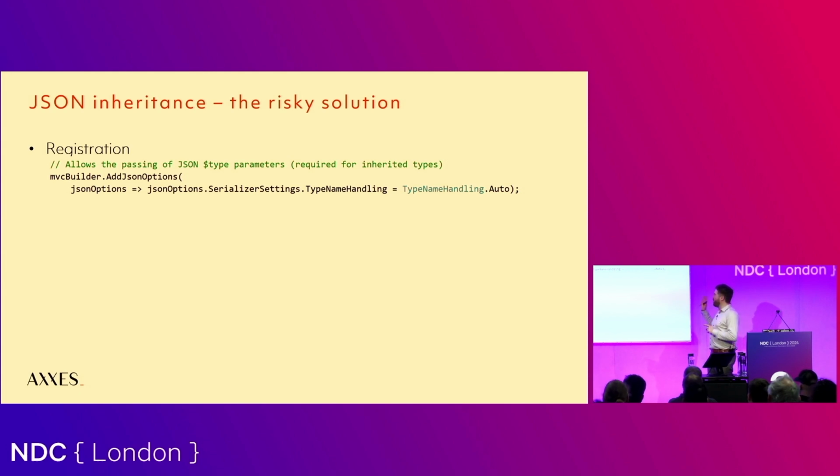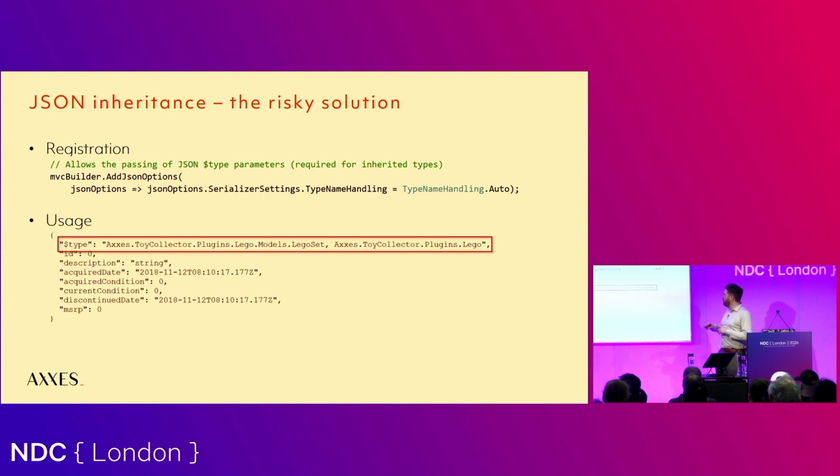So there's a reason that this didn't get ported from Newtonsoft JSON to System.Text.Json, because James Newton-King is working on that. This didn't get ported for a reason. What this allows you to do, for those who haven't used it, is you have a $type attribute that you can post into any class that will just tell you what to deserialize this as, and then you pass in the fully qualified class name.